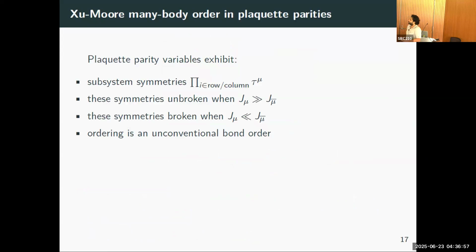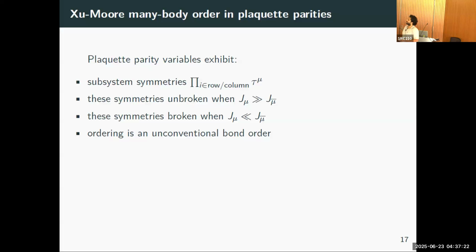It turns out Zhu and Moore had worked out the physics of this effective model. In terms of the plaquette parities, which control the energetics, the system exhibits subsystem symmetries. You can define products of tau mu's appropriately along columns and rows, and individual rows and columns all commute.